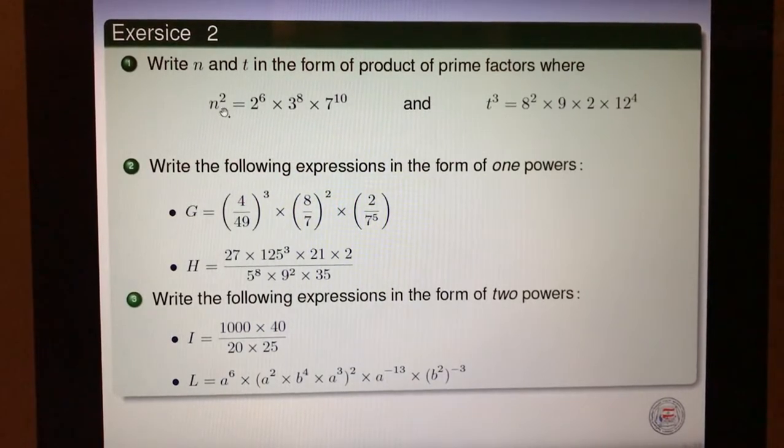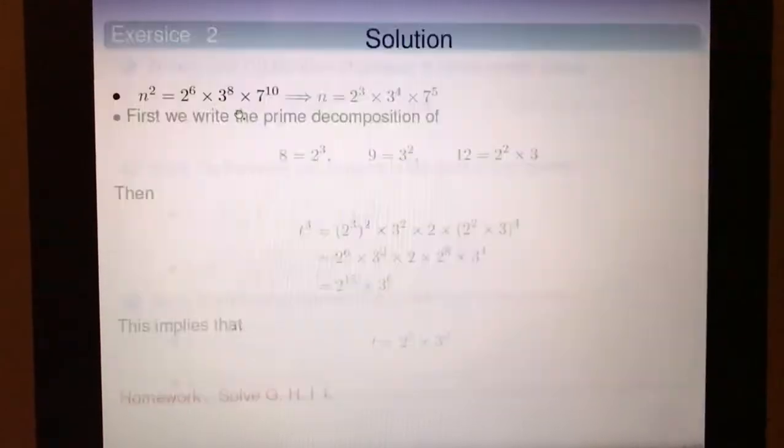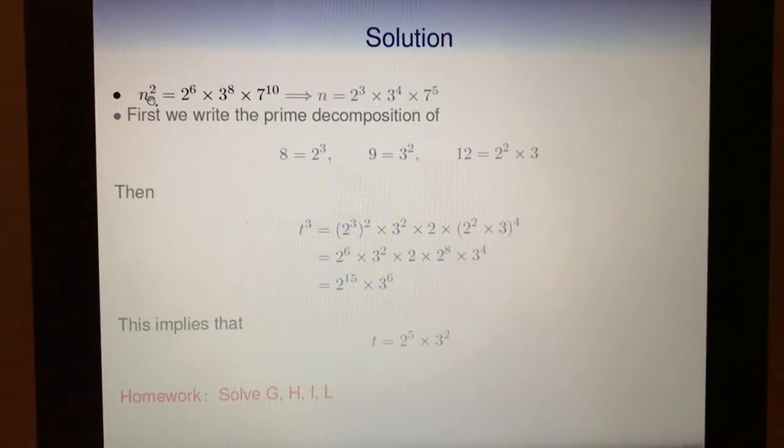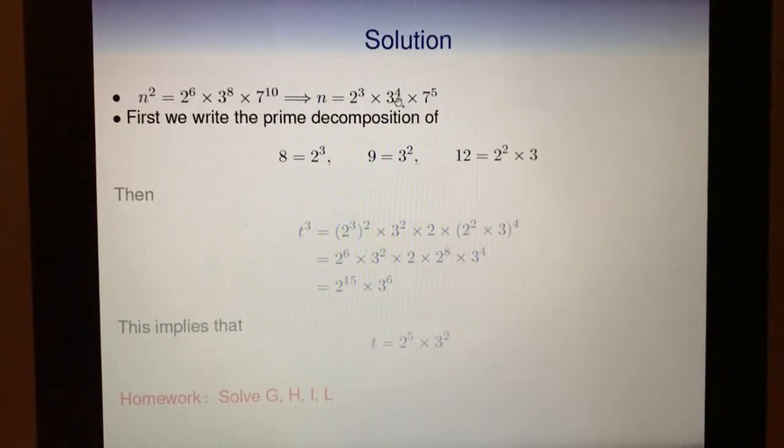So in order to write n, we need to divide the powers of these prime numbers by 2. Then this power should be divided by 2, implies n equals 6 divided by 2 is 3, 8 divided by 2 is 4, 10 divided by 2 is 5.